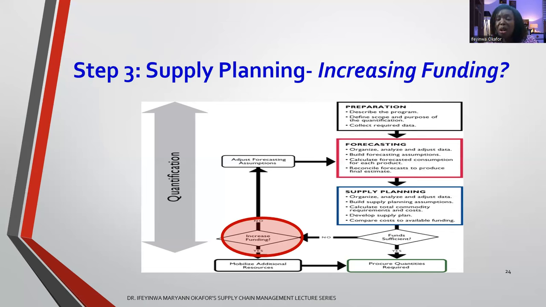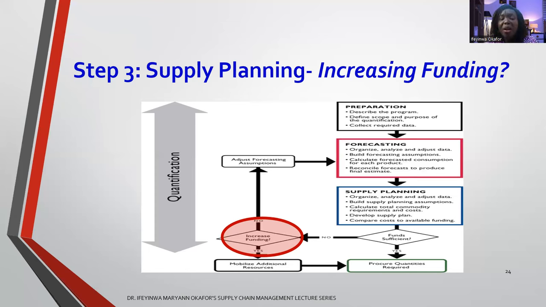We look for more donors that will help us support the program to procure the needed products, and we source for funding either internally or externally to help us procure the estimated products.